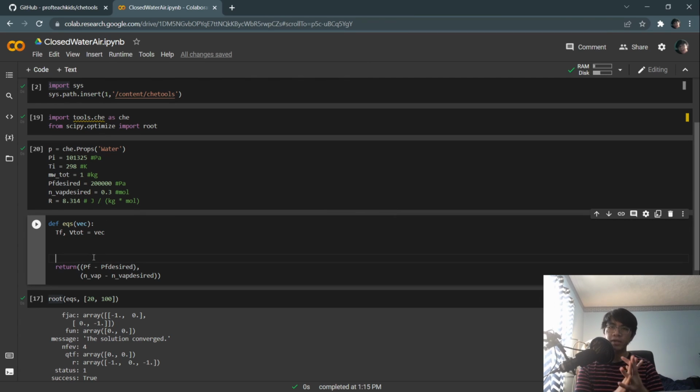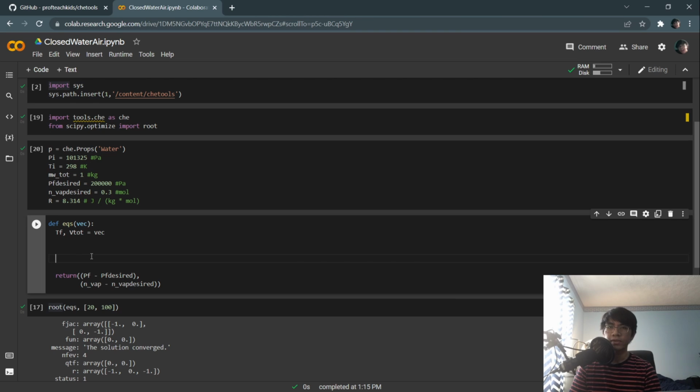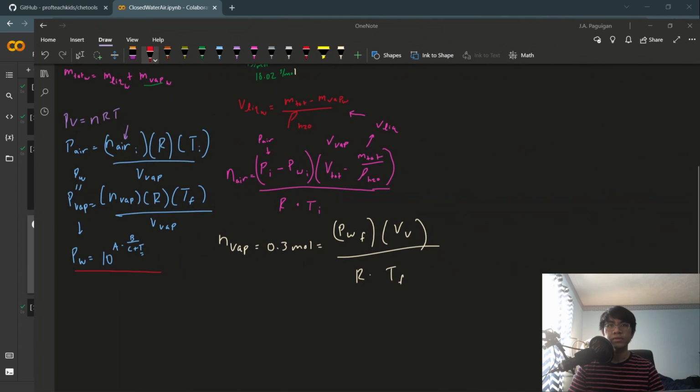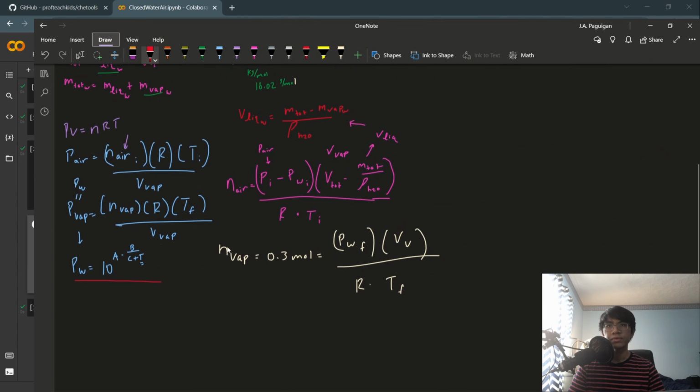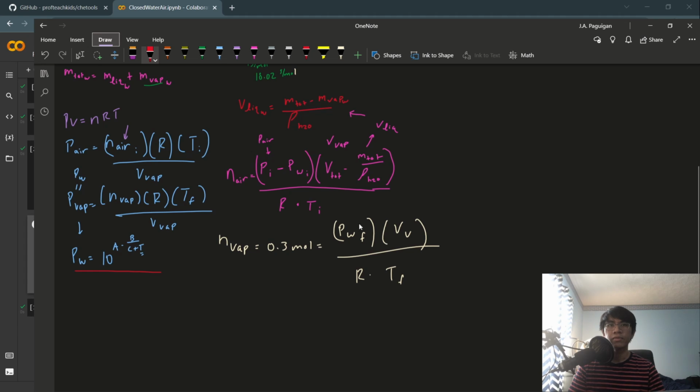Right, so now we're going to define all the relationships we need to use. How about we solve for the moles of vapor first? Because we know that, right? Moles of vapor is equal to the final vapor pressure at the final temperature times the volume of the vapor, divided by the gas constant times the final temperature.